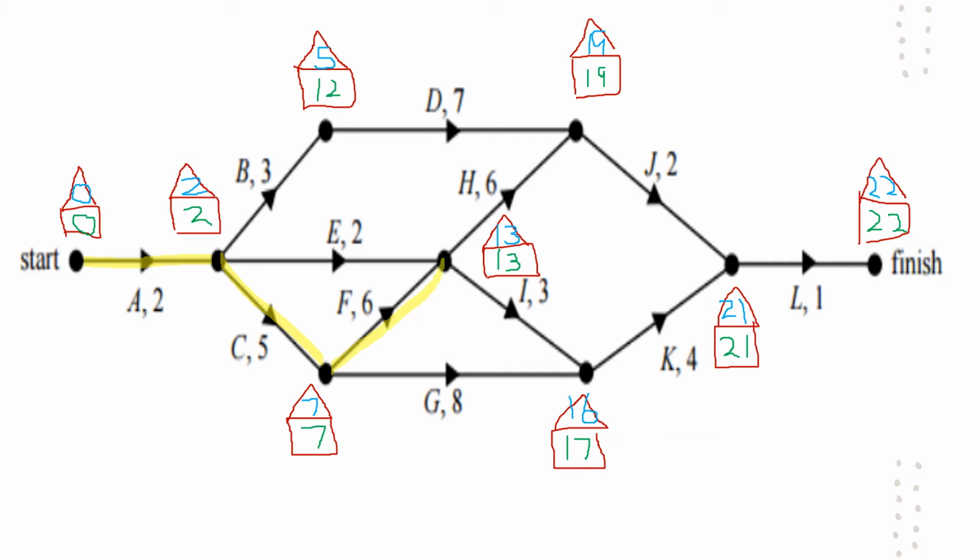Following along up with F, up to H, J, and finally L. So that's my critical path for this network. So I'm going to write that out. It goes A, C, F, H, J, and L.